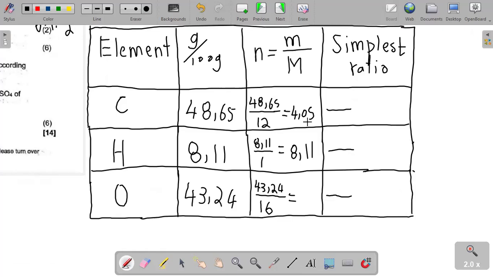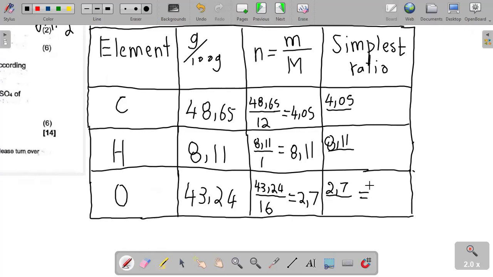Then 43.24 divided by 16, we get 2.7. The numbers that we get here will go to the top. So you have 4.05 here, then 8.11 here, then the 2.7 comes here.